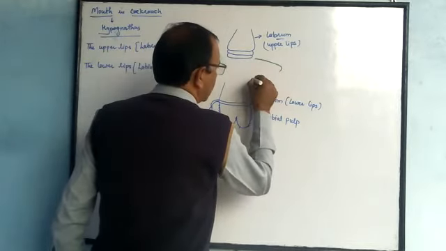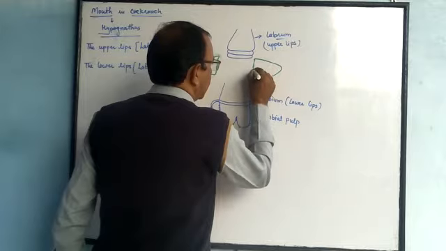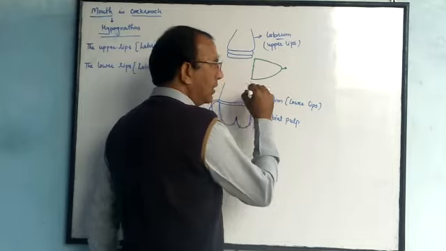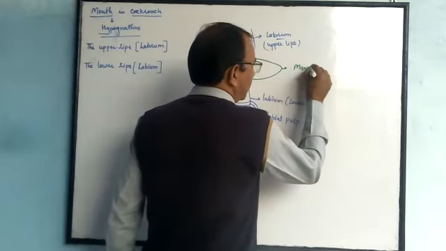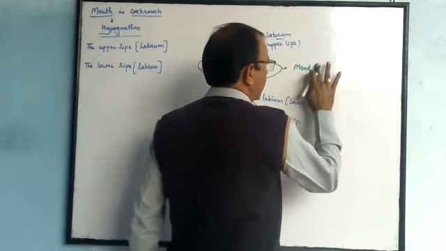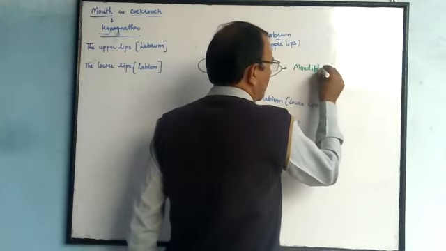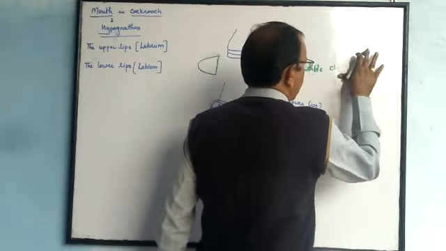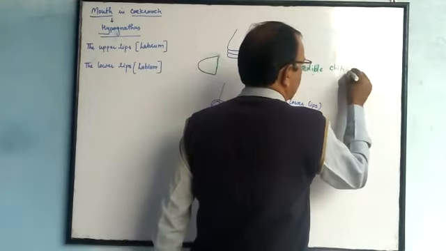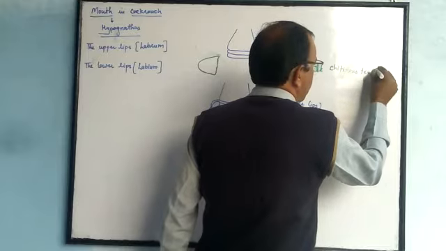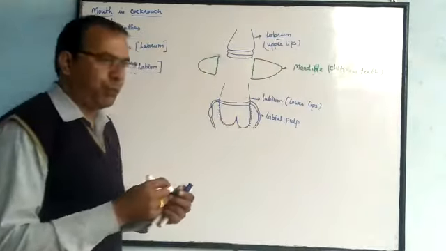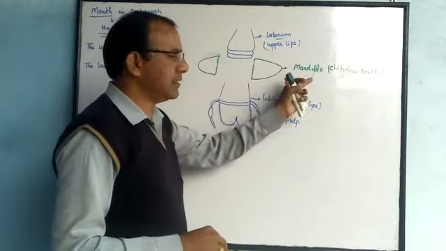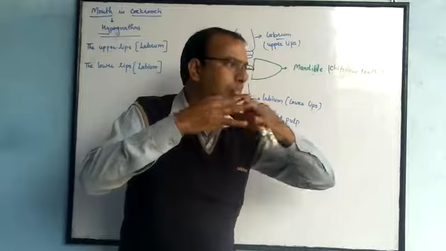Those are called chitinous teeth, which are known as mandibles. As the food is engulfed by the cockroach, these chitinous teeth help in crushing the food particles.